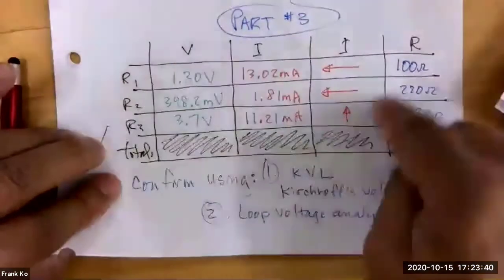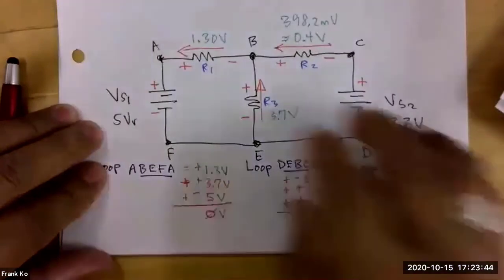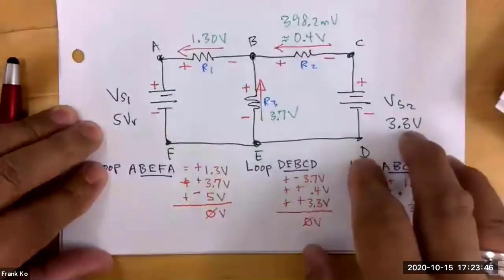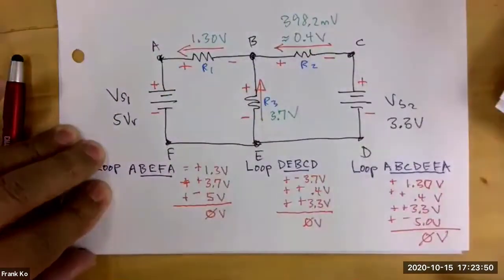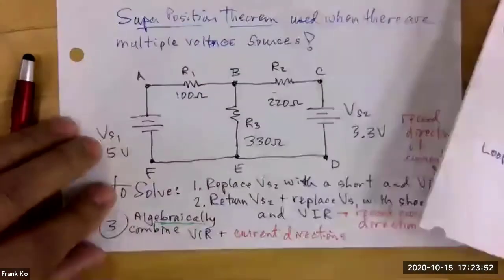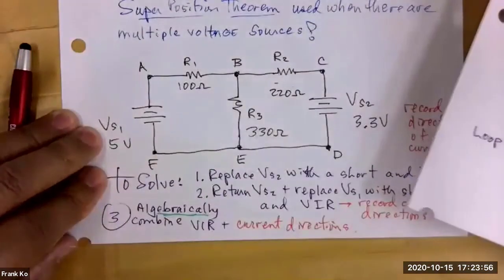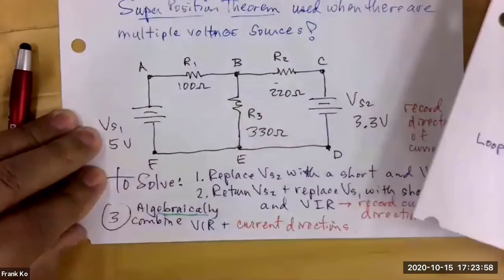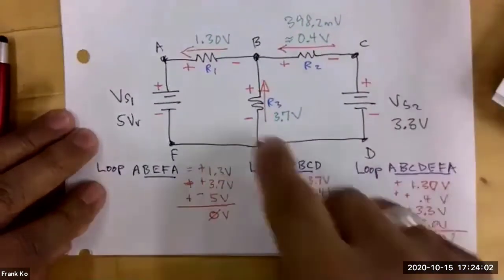What do we do with these values in part 3? You draw them back into the original layout of the circuit, and I would recommend drawing a clean big circuit like this. Don't use my original one here that we started off with, because this might be a little small. And I don't need the ohmic values, so they really just get in the way more than anything else. So this is nice and clean.